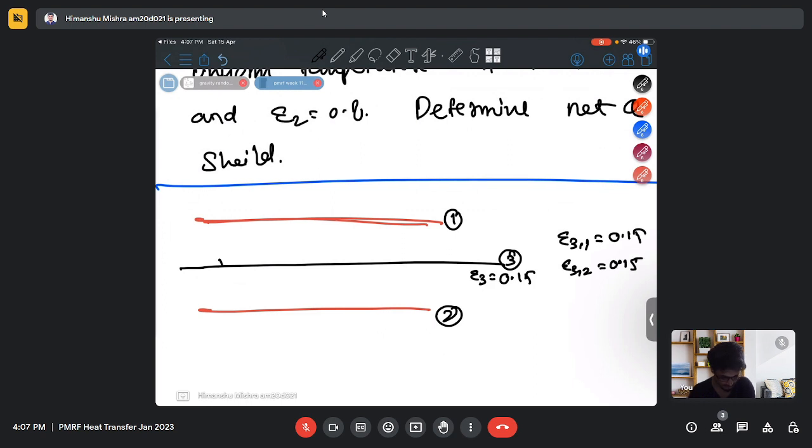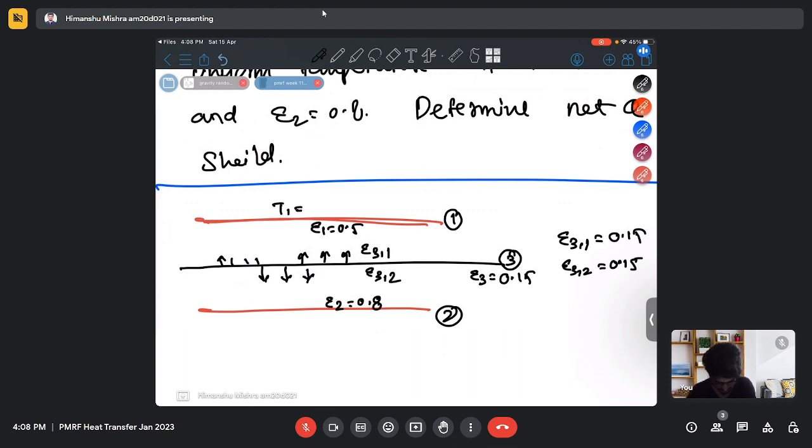So 3.1 is this part and 3.2 is this part. This is my emissivity for 1, which is 0.5, and emissivity at 2 is 0.8.